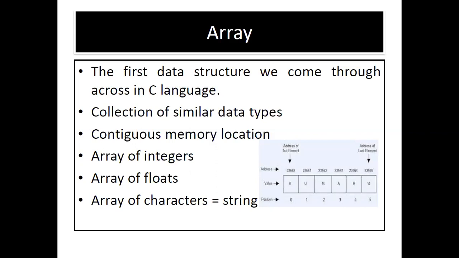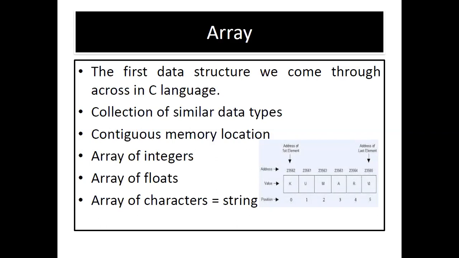In the example, you can already see that there is a collection of characters and they are in a continuous memory location. We can make an array of integers, array of floats, array of characters, which is also called a string. So the figure on the right side is shown as a string or array of characters.